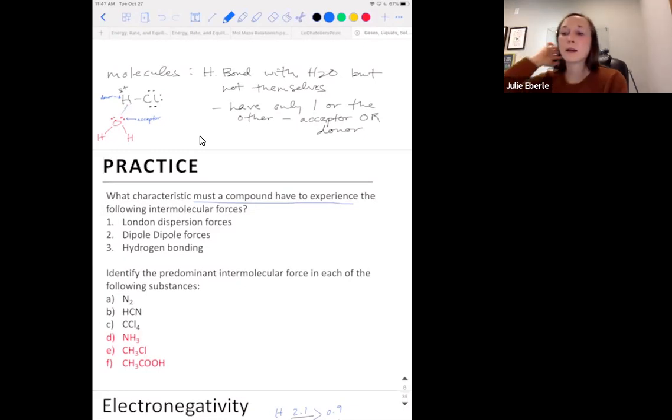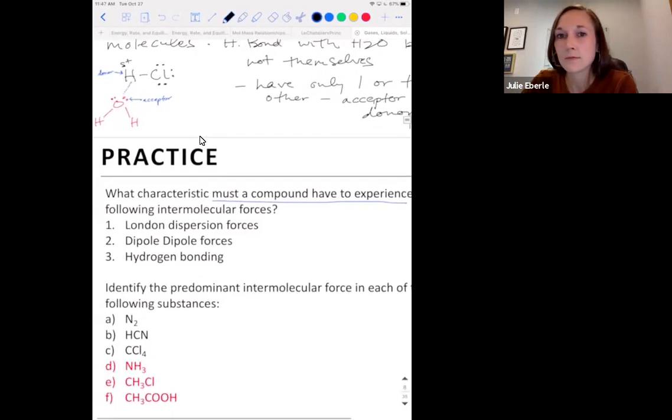Anybody want to remind me for London dispersion what the requirement is? Nonpolar. This is kind of a trick question because all molecules experience London dispersion. They have a temporary dipole, and they're strongest for nonpolar molecules, but essentially there are no requirements.